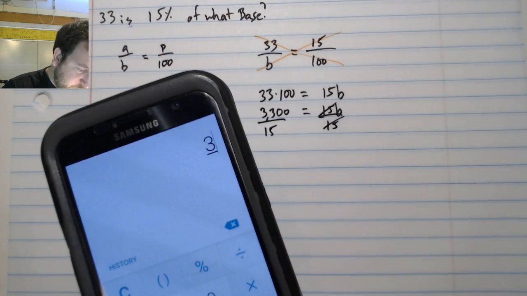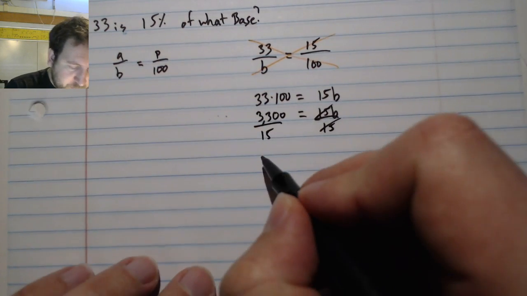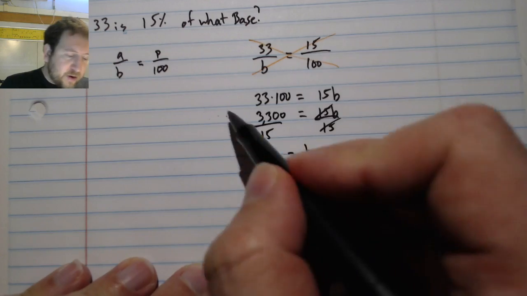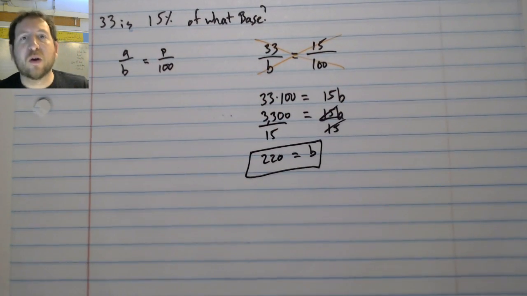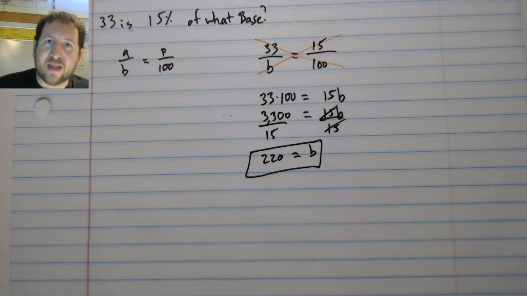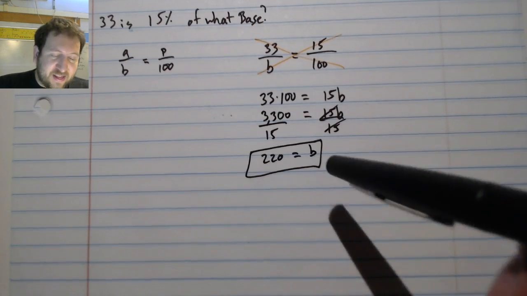And I'm going to say 3,300 divided by 15 is 220 is equal to b. So I know my original base was 220. And in fact, I could go through backwards the other way that I did the other day and find out if that's correct. And this is how we do it.